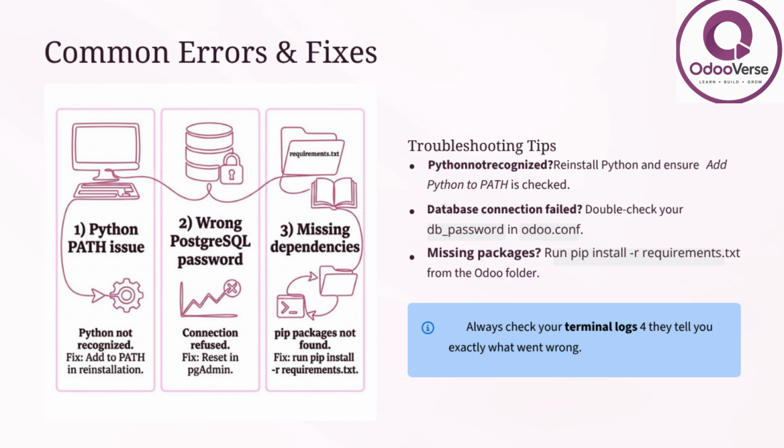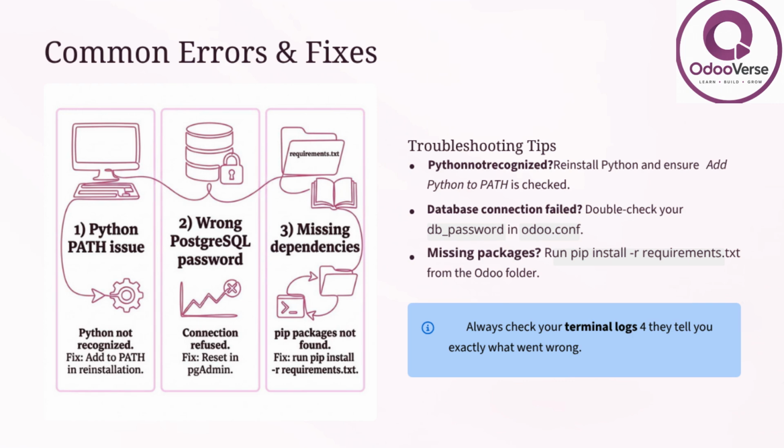Now, let's talk about some common beginner errors. The first issue is Python not recognized. This usually happens when Add Python to PATH was not enabled during installation. The second issue is database connection failure. In most cases, this happens because the PostgreSQL password inside odoo.conf is incorrect.